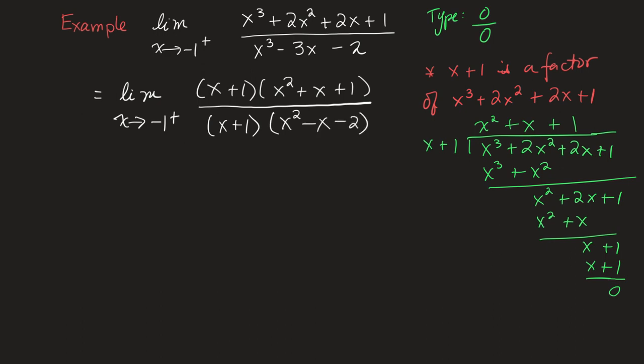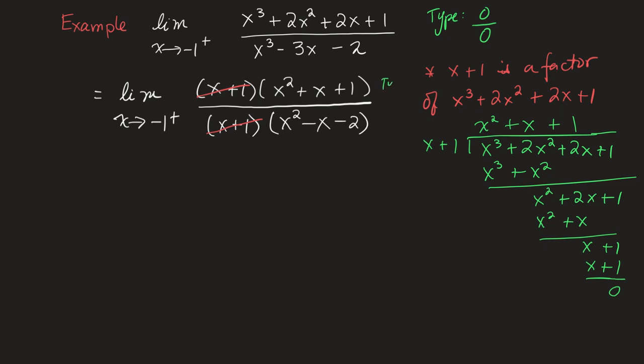Now those common factors of x plus 1 cancel, and so it's no longer an indeterminate form of type 0 over 0. When I plug in -1 on the numerator, I get 1 minus 1 plus 1, so I get 1.